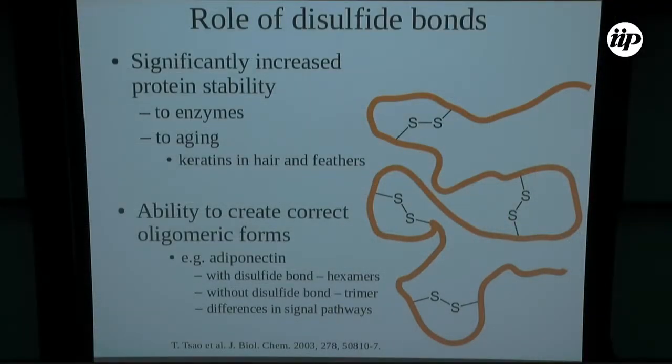But whenever we have multimer studies, for adiponectin, with disulfide bonds we can have a hexamer, but without disulfide bonds we have a trimer, and this indicates a different signaling path.